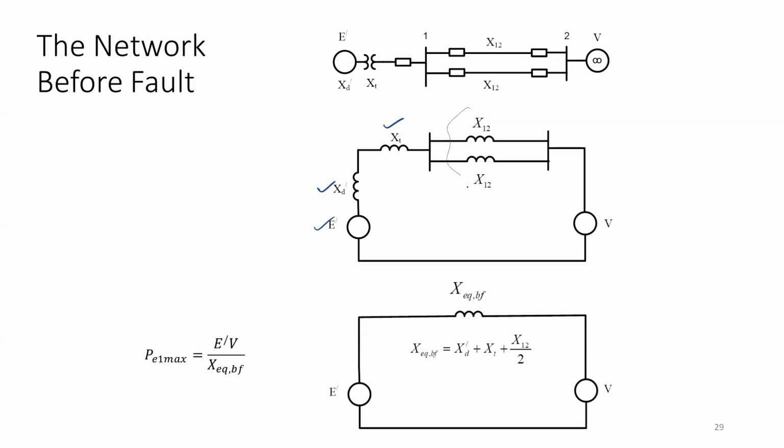So these things will not be there. I'm talking about after fault. How will your network look after fault? Sir, E dash, XD dash, X12, and the terminal voltage.